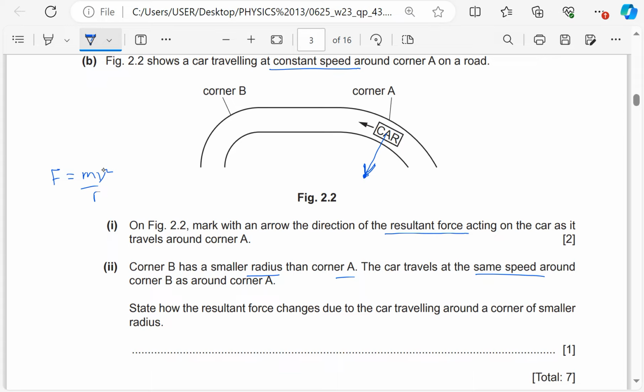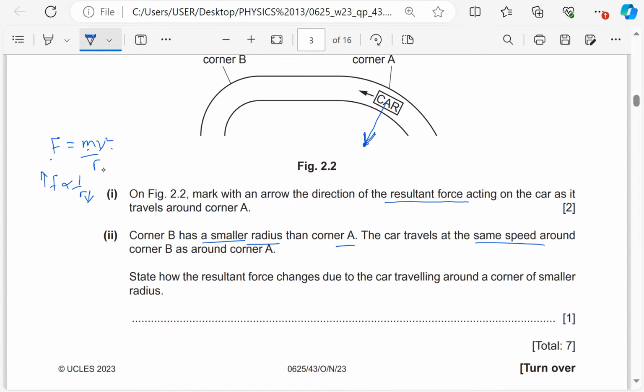But your teacher must have told you that the force in a circular path is directly proportional to the speed, directly proportional to the mass, and inversely proportional to the radius. So because corner B has a smaller radius, the force is going to be greater. So the force increases.